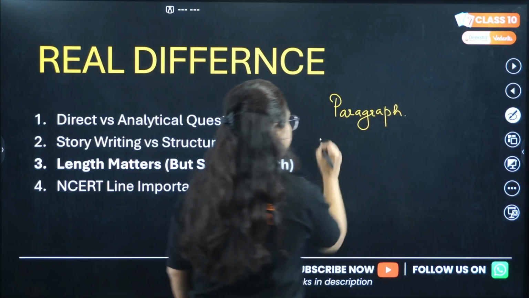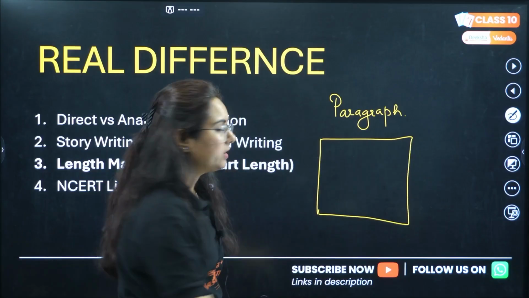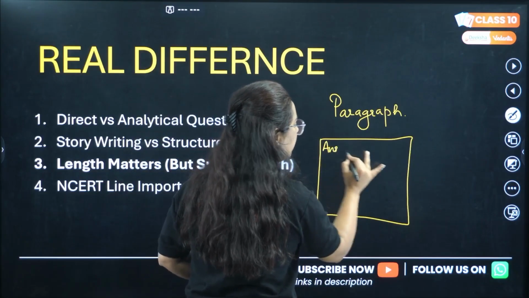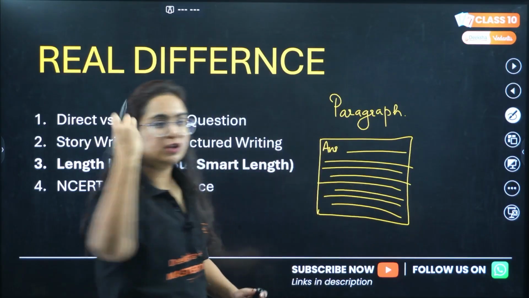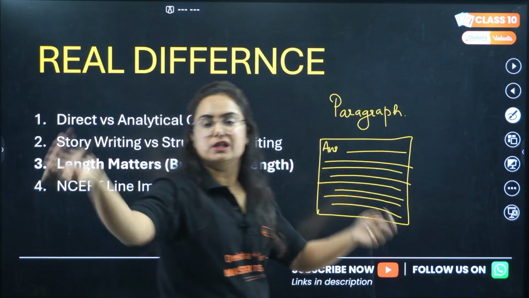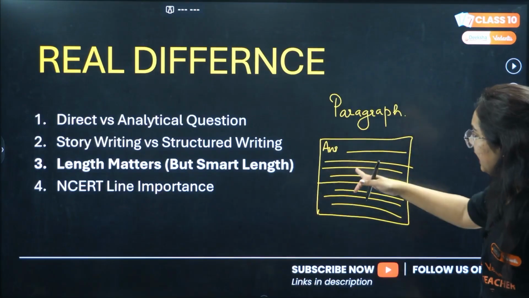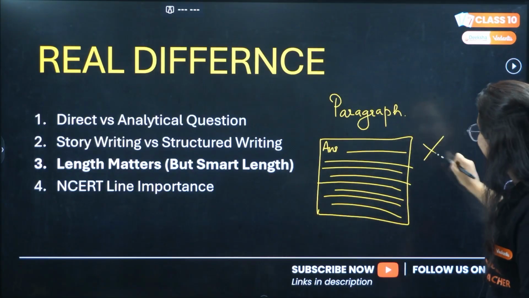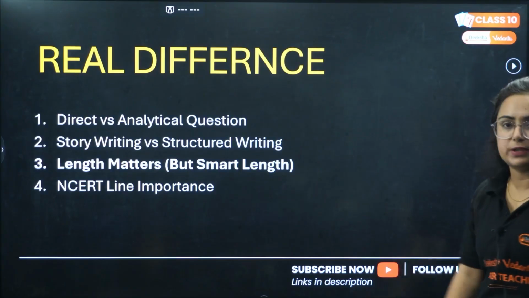For example, this is your copy. A lot of students start the answer from here and write it entirely in the copy without changing any paragraphs or changing any line or giving spaces. Do you think the teacher will be interested in reading it? No. This is the wrong method you are using, right?